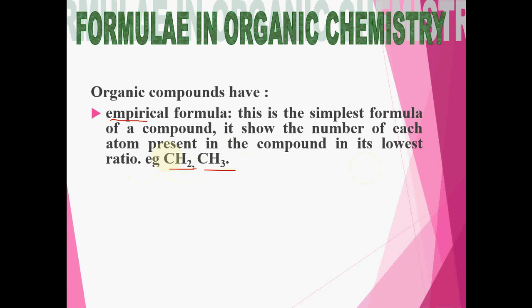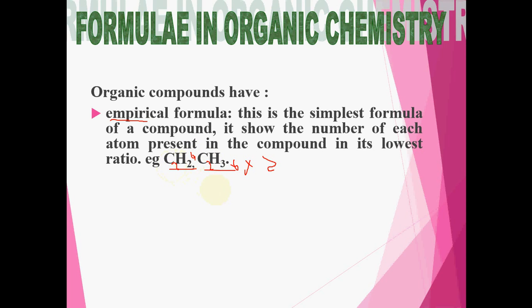So this is the lowest ratio, but if I multiply each one of these by 2, this will become 4. If I multiplied all of them by 2, this will become 6, and there will be 2 there, and there will be 4 there, and there will be 2 there.